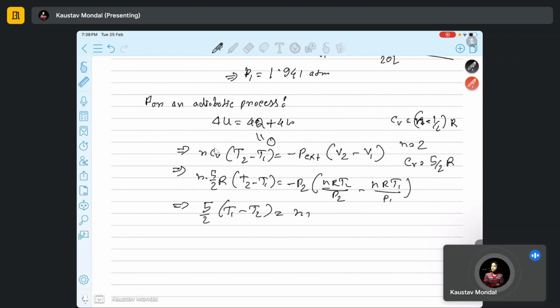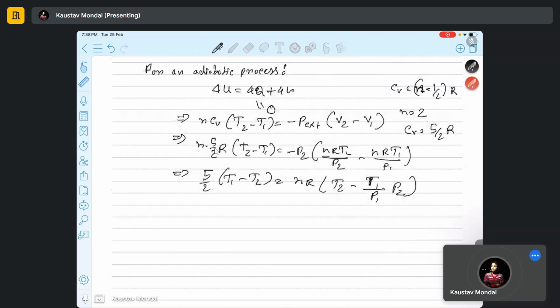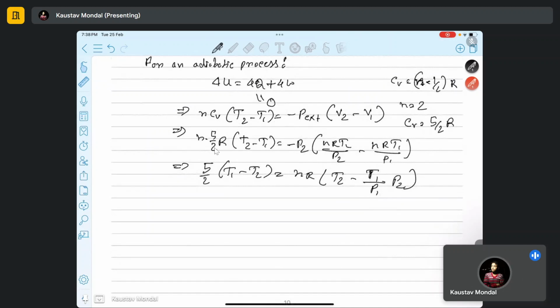This gives you nR (T2 minus T1 P2 by P1) because T2 we do not know, and multiplying by P2 on both sides gives 5 by 2 (473 minus T2) equals T2 minus 473 into 1 by 1.941.